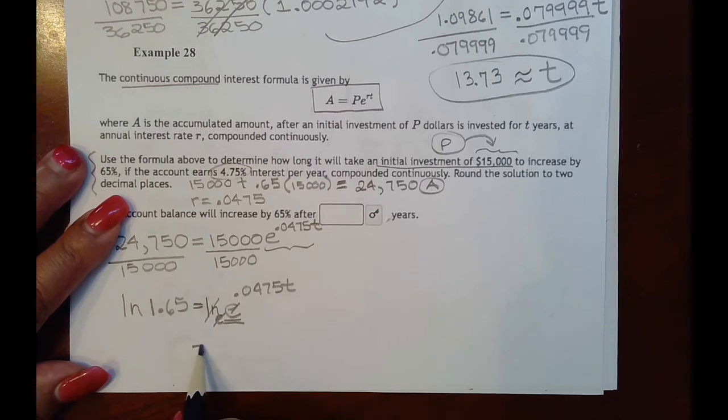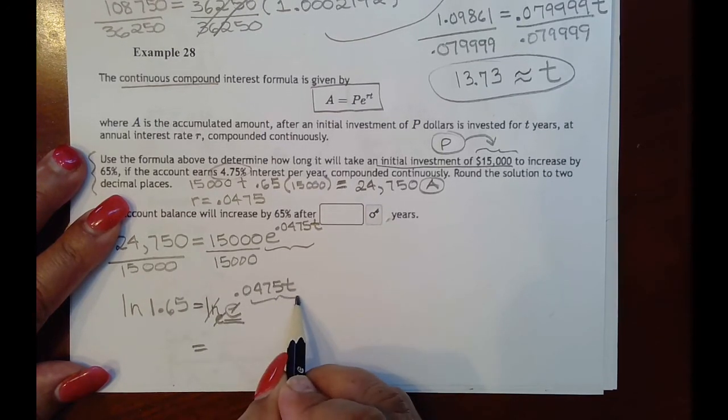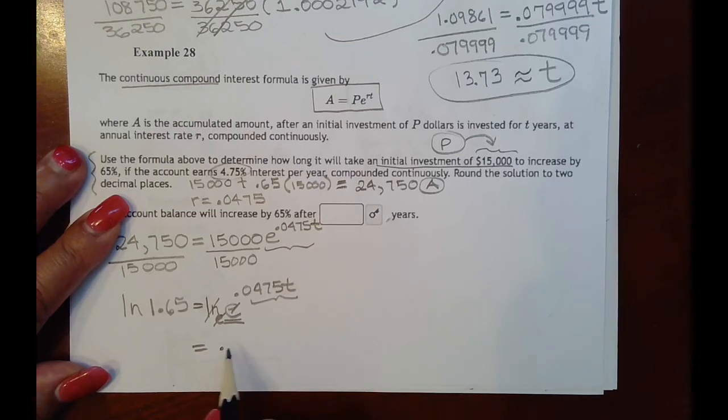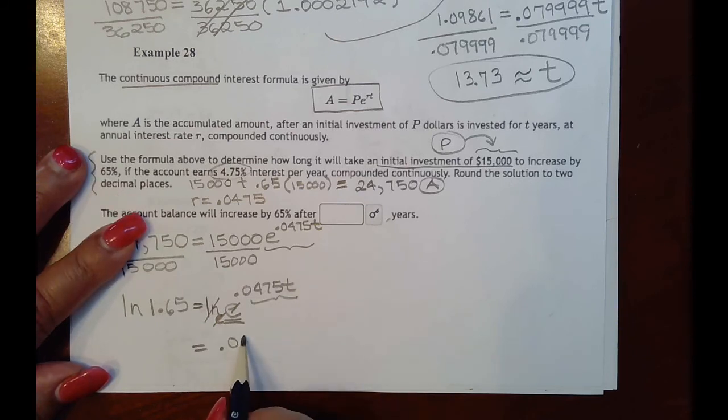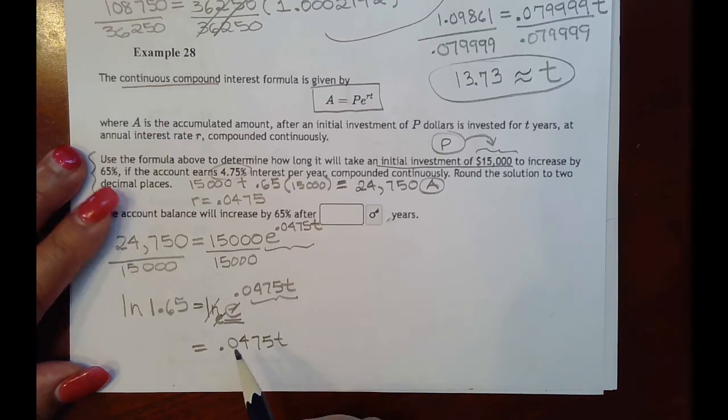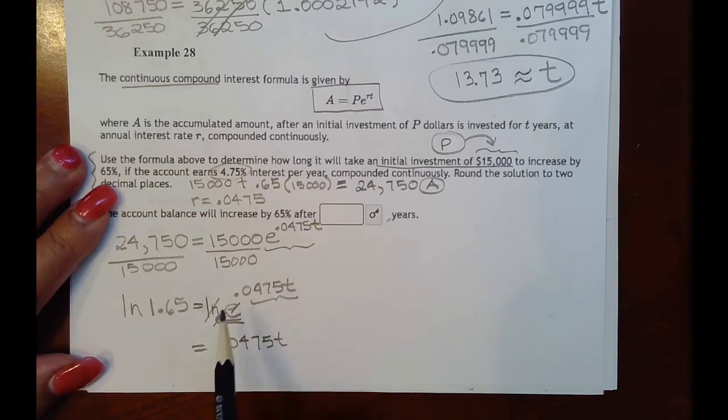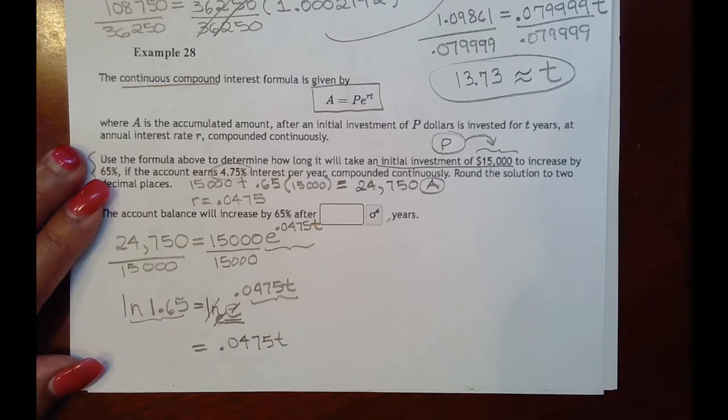Take the log with it, and down comes the exponent. In the previous 3 problems, we've had to swing that exponent in front of the log applying the power property. But here the inverse property worked, so we could bring that exponent down just by virtue of the inverse property. So 0.0475t.